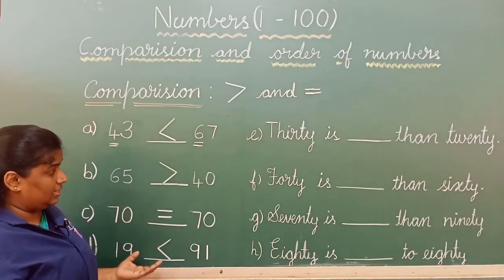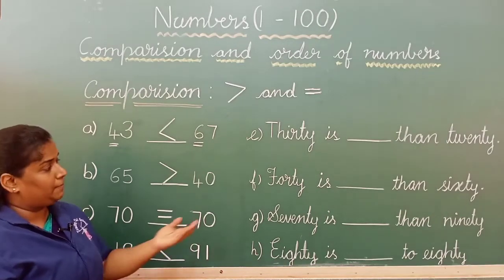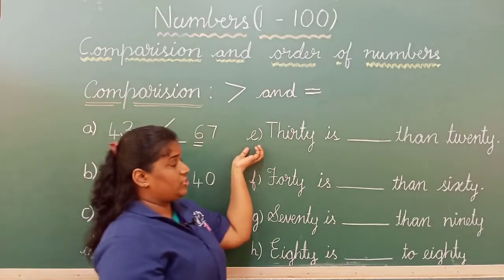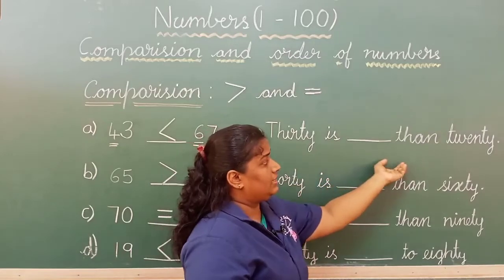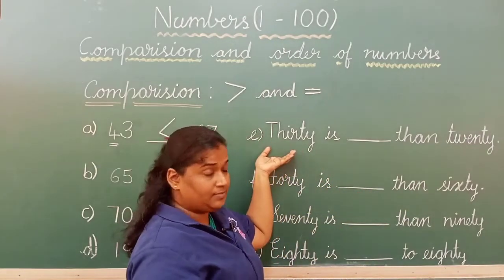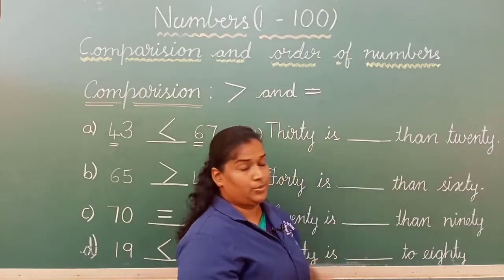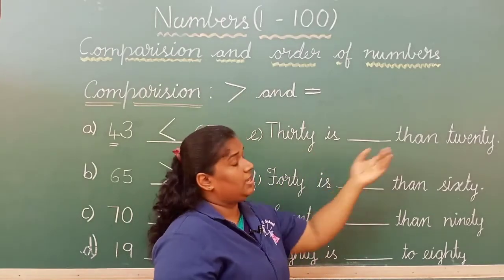Now similarly I have written numbers in words. Let us compare these number names. Question E. 30 is dash than 20. Let me repeat again. 30 is dash than 20. Here the numbers are 30 and 20.